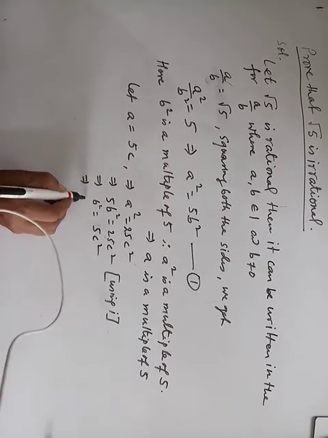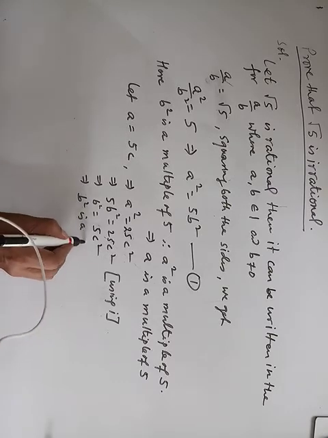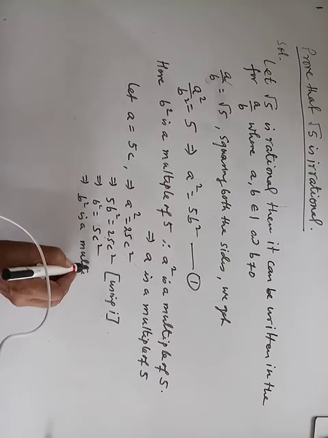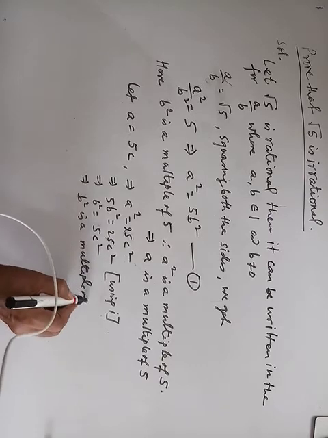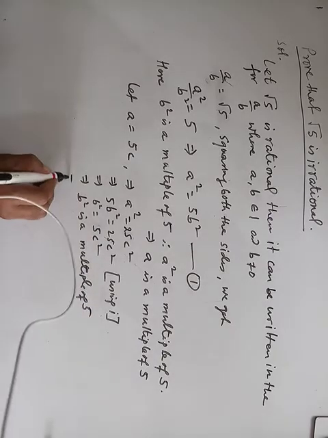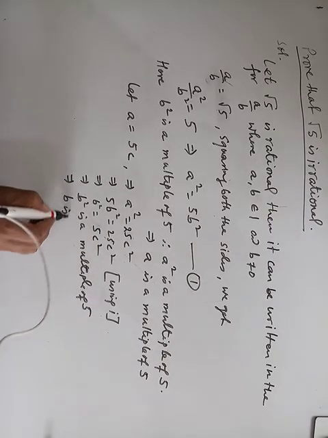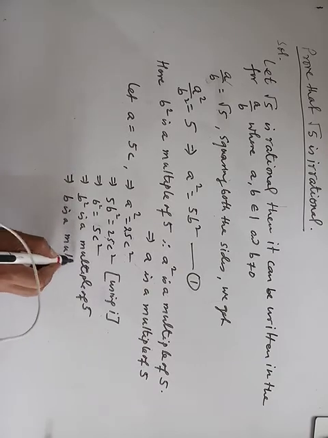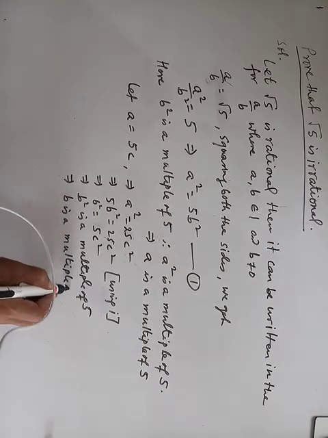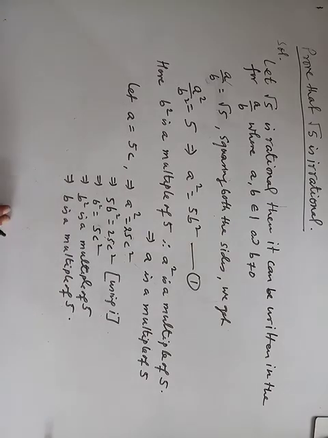So here b square is a multiple of 5. That implies b is a multiple of 5.